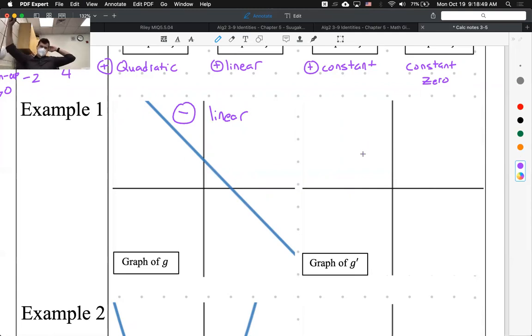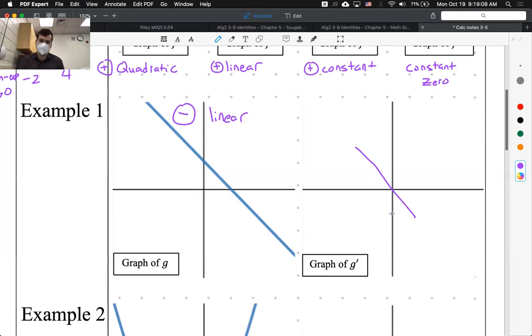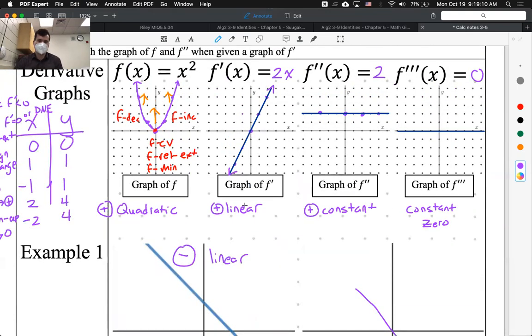And Teflon, tell me what you wrote. Down to the left, so down like there. Across through the origin, so right there. Okay, close. But notice the pattern up here, we moved from a linear to a constant.